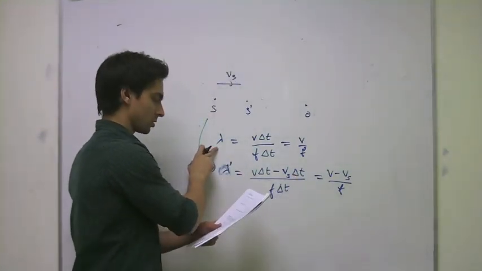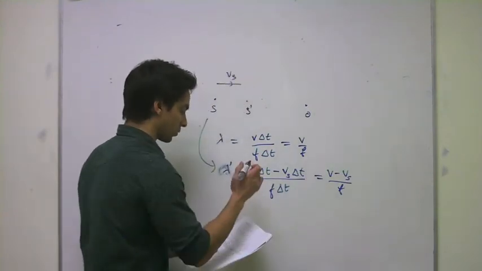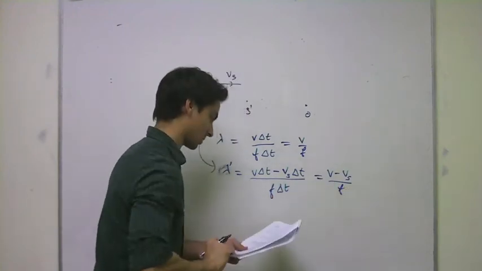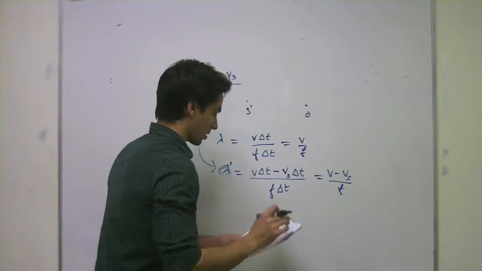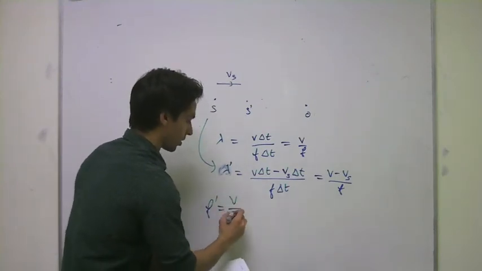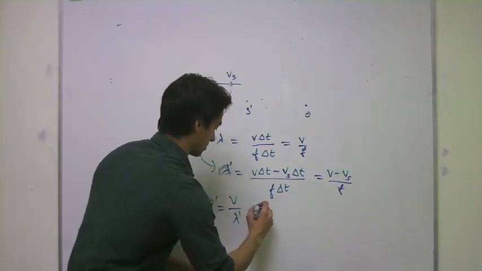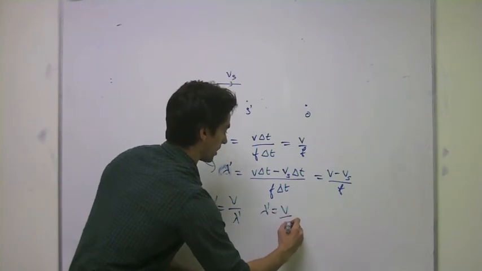How does it relate to frequency? We want to calculate in terms of frequency. So the frequency here, F dash, will be the velocity divided by the observed wavelength, and therefore lambda dash will be V over F dash.